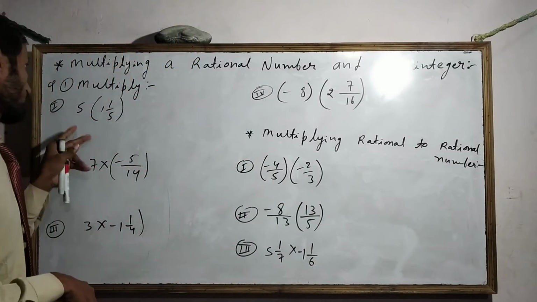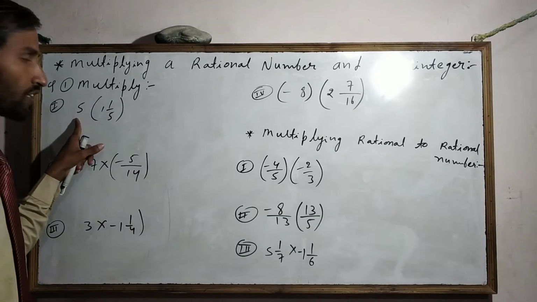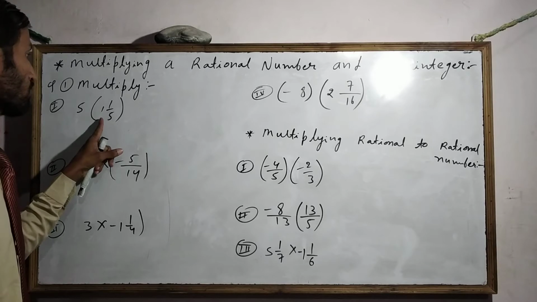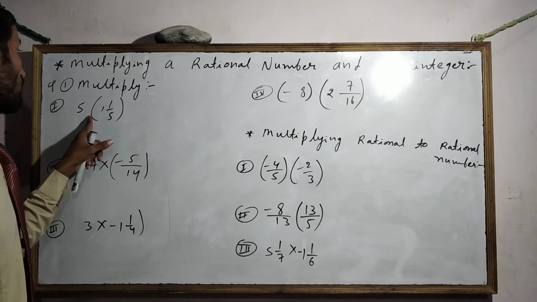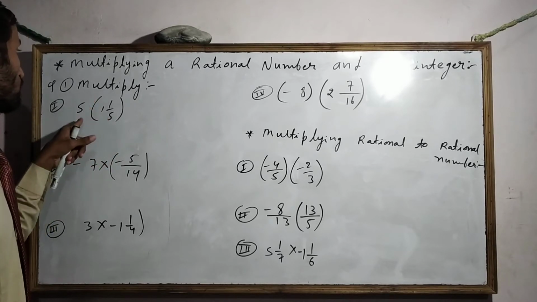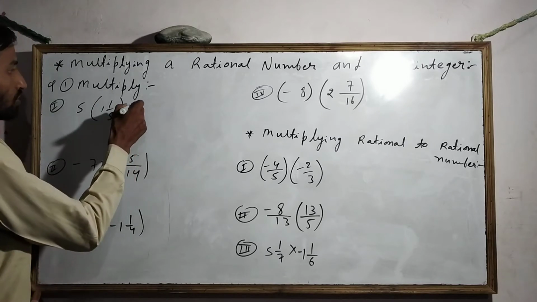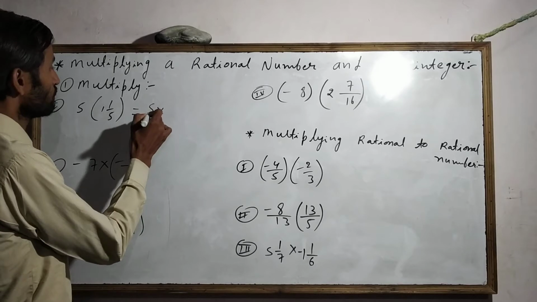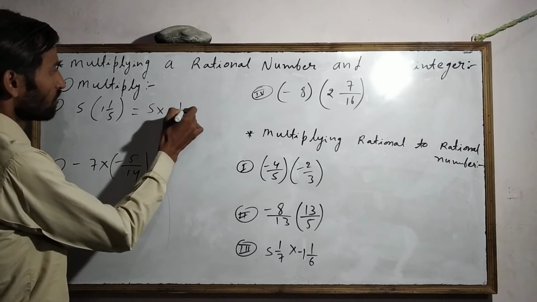Here, this one is an integer 5 and this one is a rational number given as a mixed fraction. A small bracket means there is multiplication in between, so remove the small bracket. So 5 into 1 upon 5.